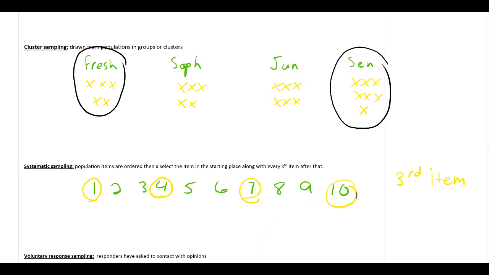Okay, the last type of sampling that we're going to talk about is the voluntary response sampling. Now, voluntary response is where responders have been asked to communicate their opinions, be contacted with their opinions and everything. This is often used by media to try to engage their audience.